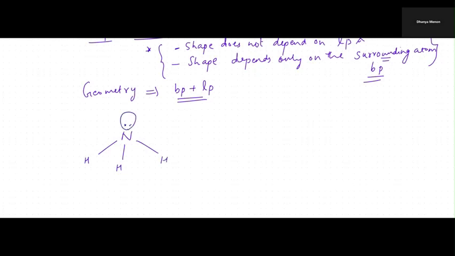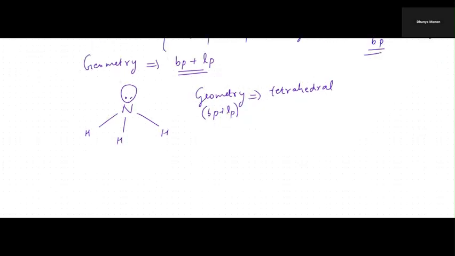But the geometry is tetrahedral, because it depends upon both bond pair and lone pair. But when we consider the shape, we ignore this lone pair.